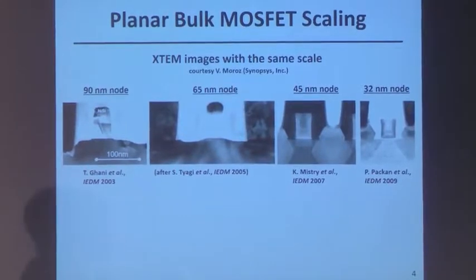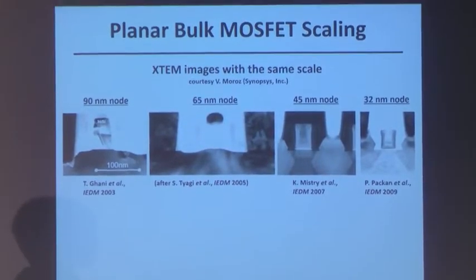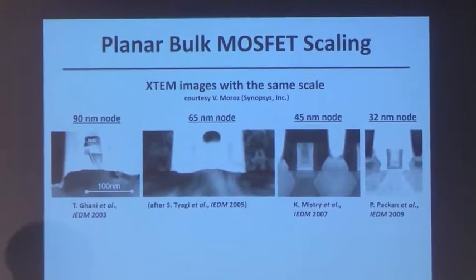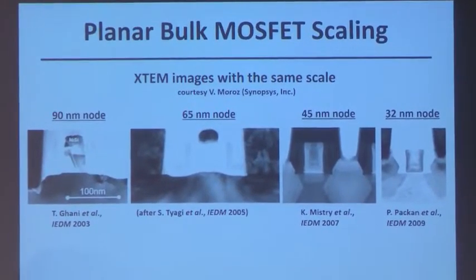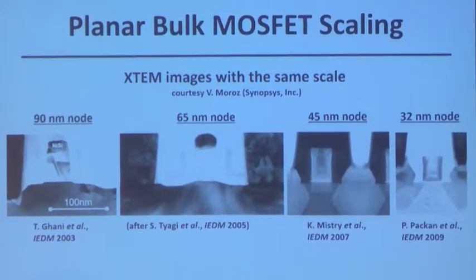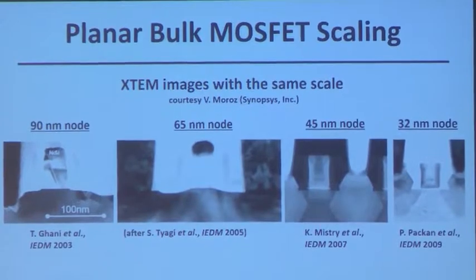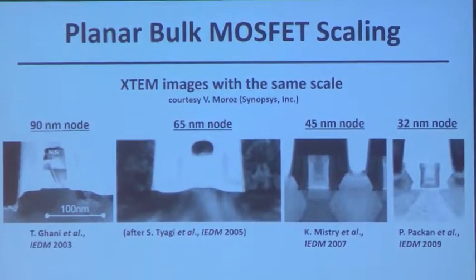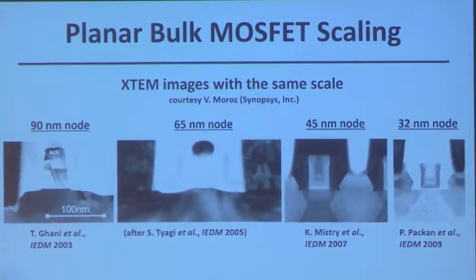Okay, so if we could take a trip back along the last, since the year 2000 or so, we can see how CMOS, complementary metal oxide semiconductor technology, that's predominant in digital computing today, has evolved over time. Shown here is a sequence of cross-sectional scanning transmission electron micrographs of transistors at various generations of technology, from the 90 nanometer node down to the 32 nanometer node.